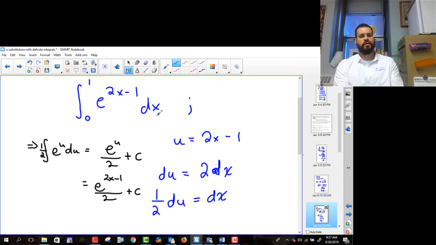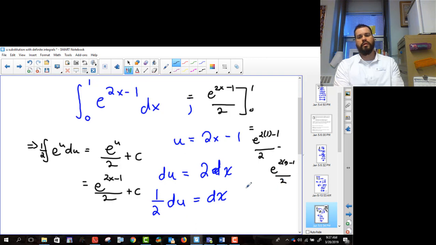And then we would say, okay, now this then is equal to, sorry, not the integral anymore. We've integrated. This value, e to the 2x minus 1 over 2 from 0 to 1. And then you would plug in 1, so you get e to the 2 times 1 minus 1 divided by 2. And then you go minus e to the 2 times 0 minus 1 divided by 2.